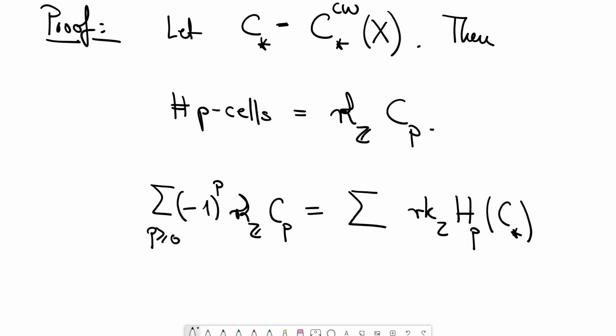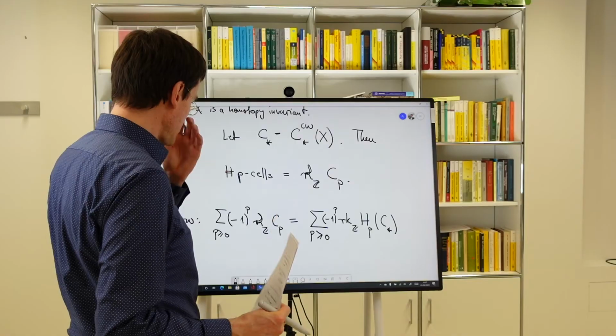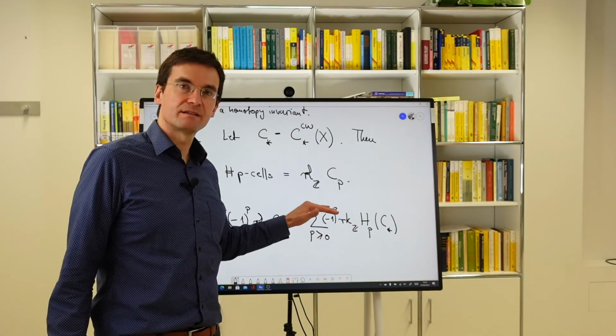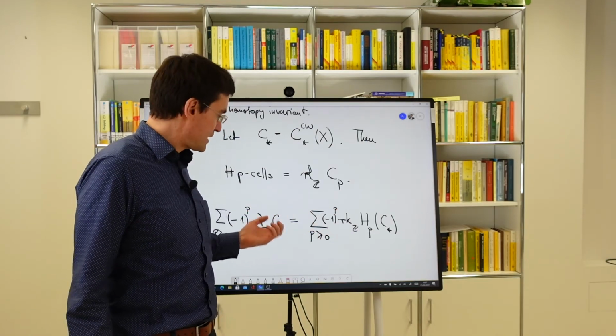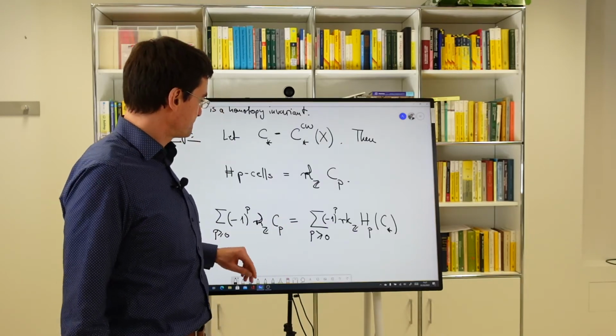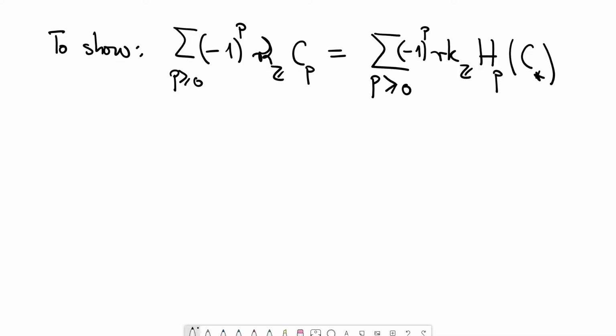So here we have the ranks of the homology of C_*, alternating sum over p. So this is what we have to show to prove the Euler-Poincaré formula. And this is now just a statement about chain complexes of abelian groups. The topology is gone. The proof relies on two short exact sequences, or two families of short exact sequences.